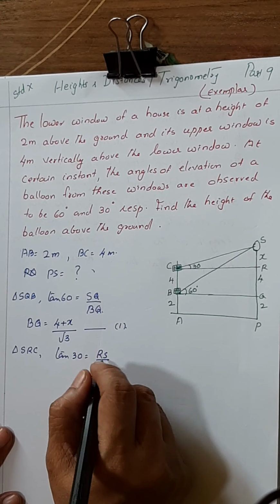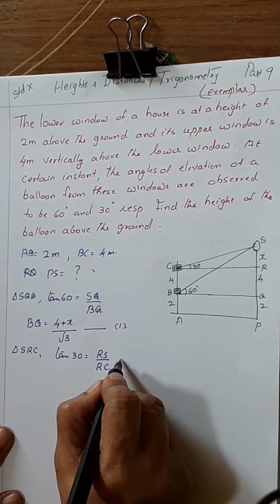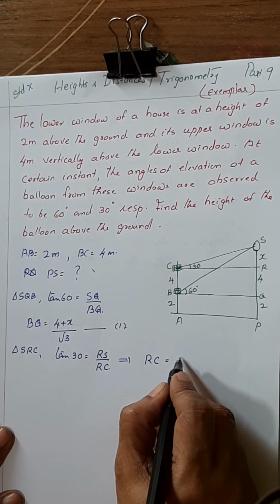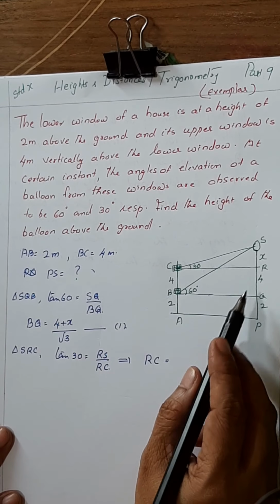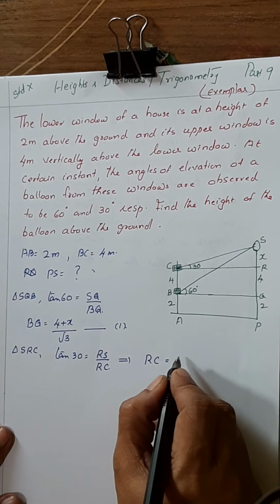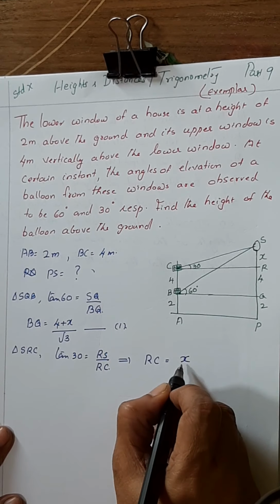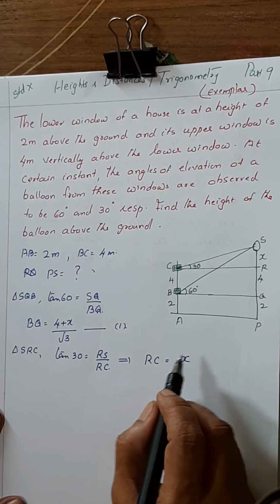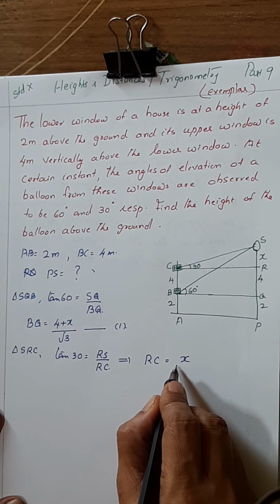So RC is equal to RS, X by tan 30, and tan 30 is 1 by root 3.